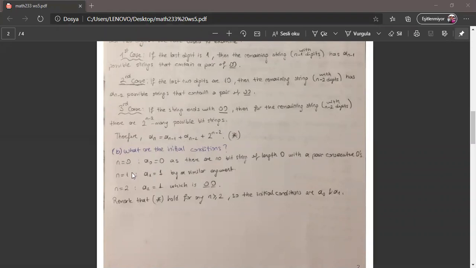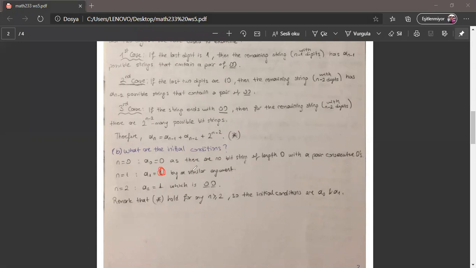When n equals 1, it should be equal to 0 also, of course, because there is no bit string of length 1 that contains a pair of consecutive zeros.